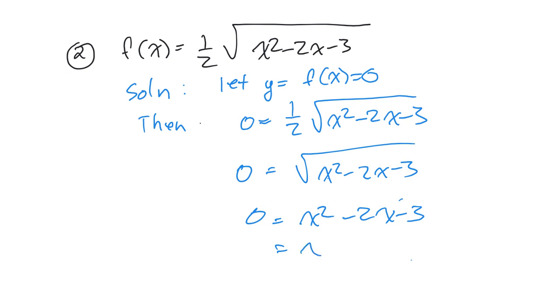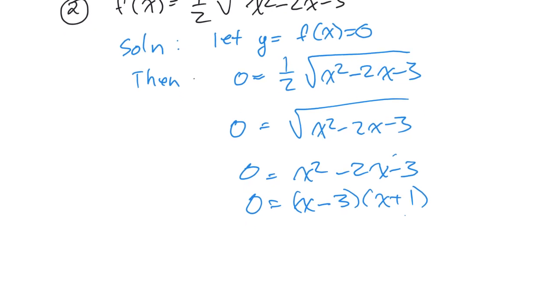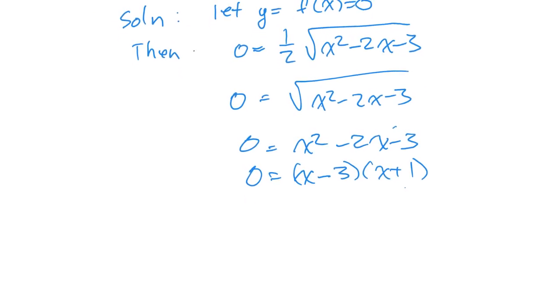And then we factor x minus 3 and x plus 1 is equal to 0, which means our final solution is x is equal to 3 and x is equal to -1.